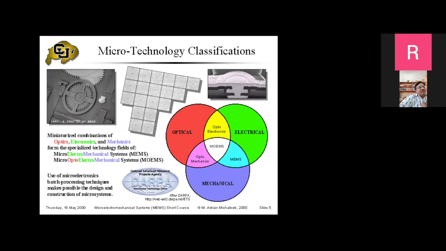So this Venn diagram will represent what I said, that combination of electrical, optical, and mechanical devices on the same chip. And you see this slide is taken from one of the workshops in MEMS by SPIE, where you have the University of Colorado, you have DARPA, and so on. All these people have come together to do this.